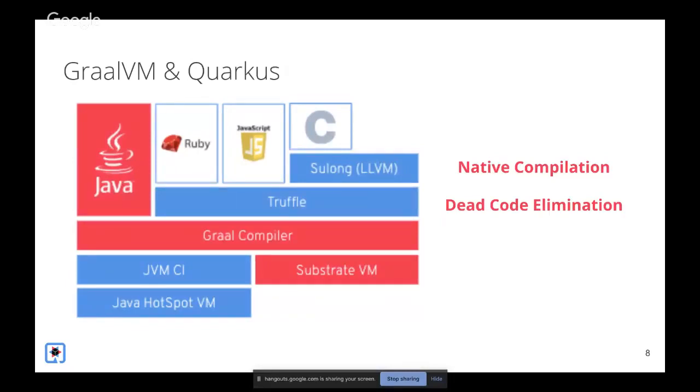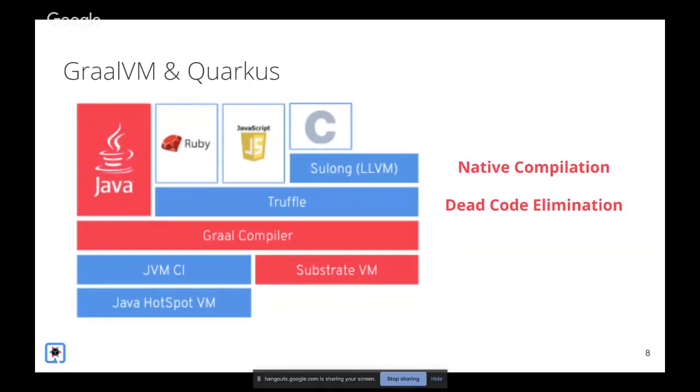Underlying, even inside of your binary, there's still a virtual machine running, but its role is greatly reduced compared to just running on OpenJDK with a HotSpot VM. What Quarkus utilizes GraalVM for is both native compilation and dead code elimination.